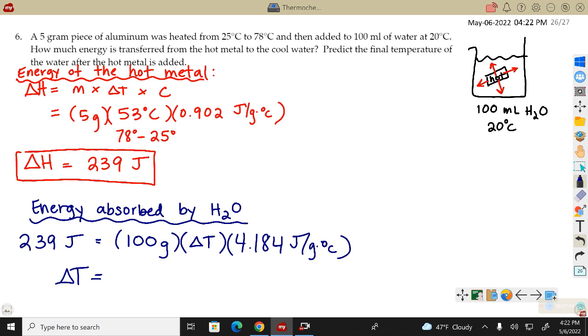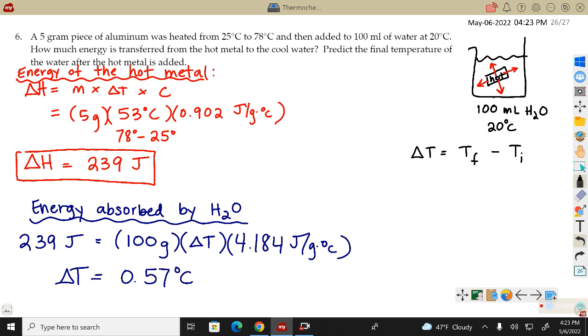My temperature change will be 0.57 degrees. It's small, isn't it? Which will be kind of interesting. So now if I want to calculate the final temperature, I have a few options. I could use that equation, delta T equals temperature final minus initial.